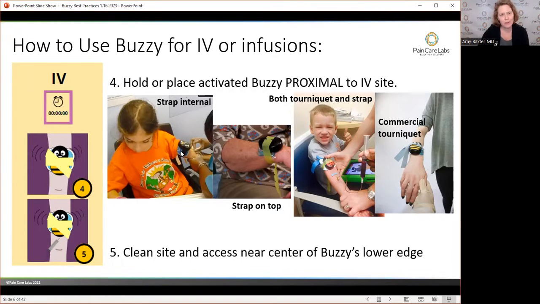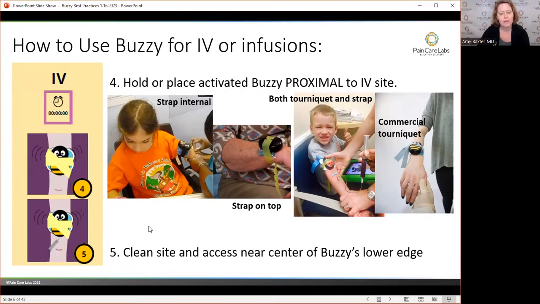Now, you can either use the strap that comes with it as the tourniquet. You can put a tourniquet or a strap that comes with it on top of the unit if it's a mini unit. You can use both a tourniquet and a strap, as you see in this child here, the third one with the Lady Buzz unit, or you can just put a commercial tourniquet either through it or on top of it, proximal to your access site.